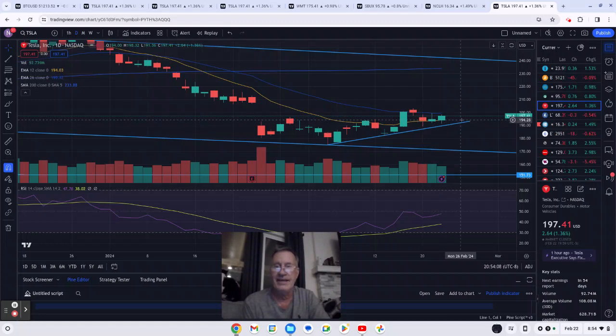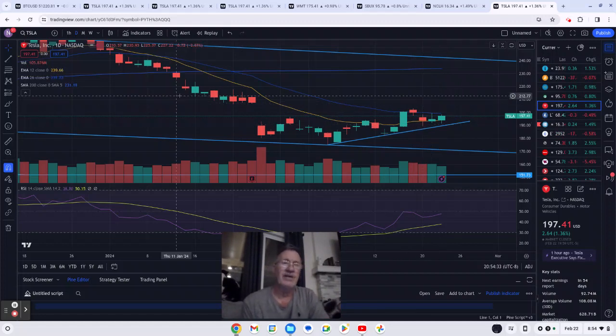We could stay tomorrow on Friday within this range, or break above, or hold it and not break either way, and then go into next week before we get a result. But for sure, next week we will get an answer whether we're going to make a higher high, or we're going to break to a lower low.